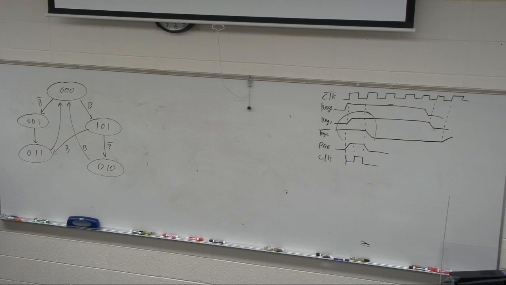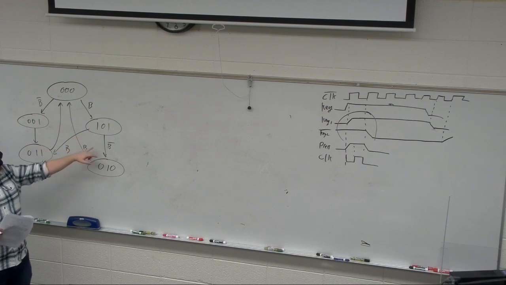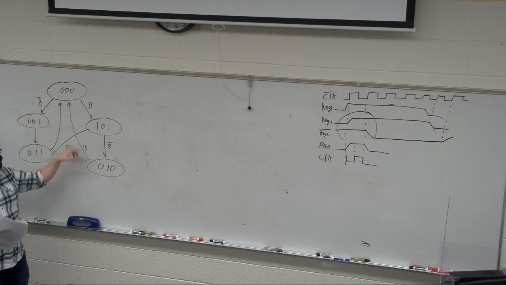Okay. This is a state machine that they've provided for us as an example. We can follow what happened. If we're in state 0, we see B bar, we go here. No matter what, we go here, and then no matter what, we go back to 0, right? There's no options, that just happens. Here, if I get B, I go here, evaluate on B or B bar, and then go back.